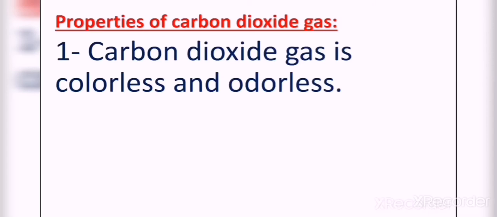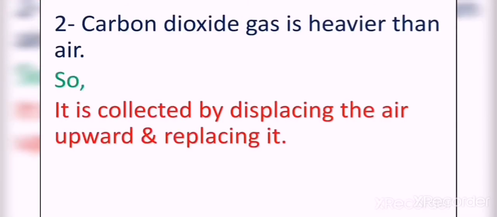Now, let's know the properties of the carbon dioxide gas. Number one, the carbon dioxide gas is colorless and odorless, because it has no color and has no smell. Number two, the carbon dioxide gas is heavier than the air, like the oxygen gas.